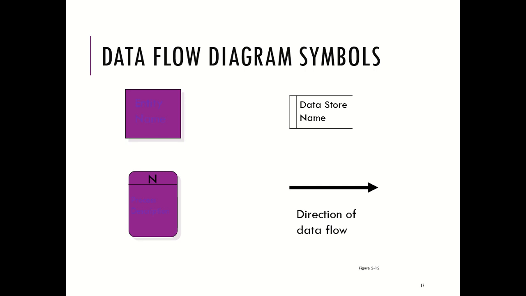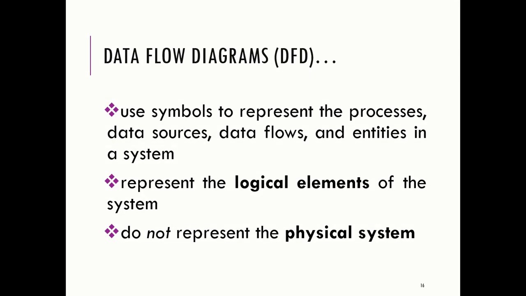Okay? So bigyan natin ng example, no? A data flow diagram does not show whether the sales approval process is physically separate from the billing process in compliance with internal control objectives. Okay? So these are just symbols representing yung mga nabanggit natin kanina. Naintindihan ho ba itong data flow diagram natin? Okay, it's a logical element of a system.